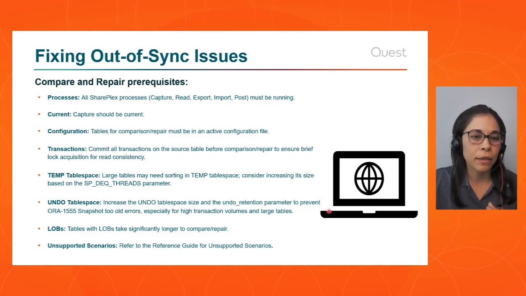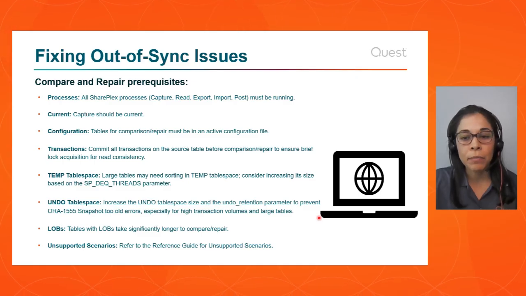Also, you can adjust the undo table space for large or high volume tables to avoid any snapshot too old error. Tables containing LOBs take longer, so please check if you can add more resources for those tables when you are going to run the compare or repair utility.